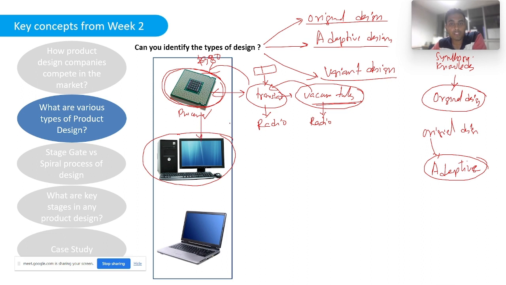When the processor was developed, a lot of products evolved. You have a PC, a washing machine, a television.